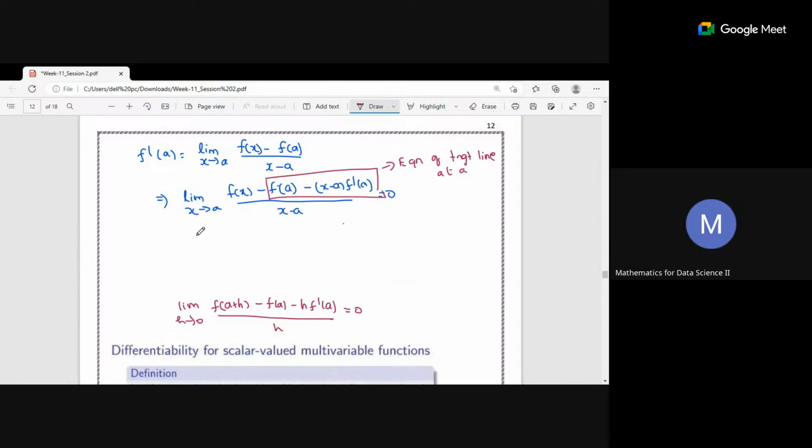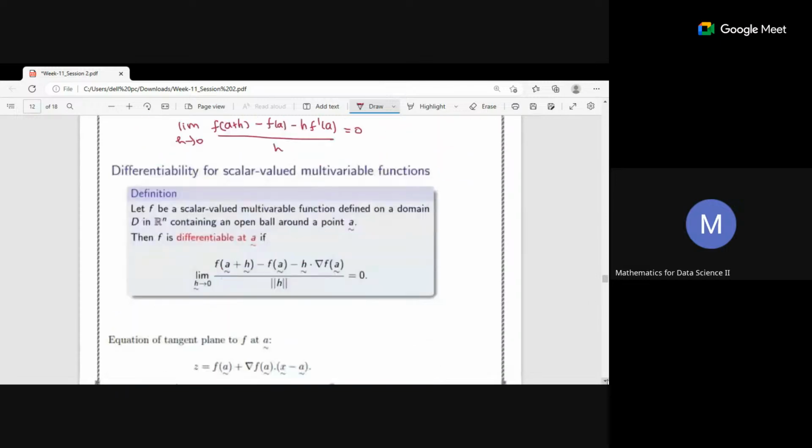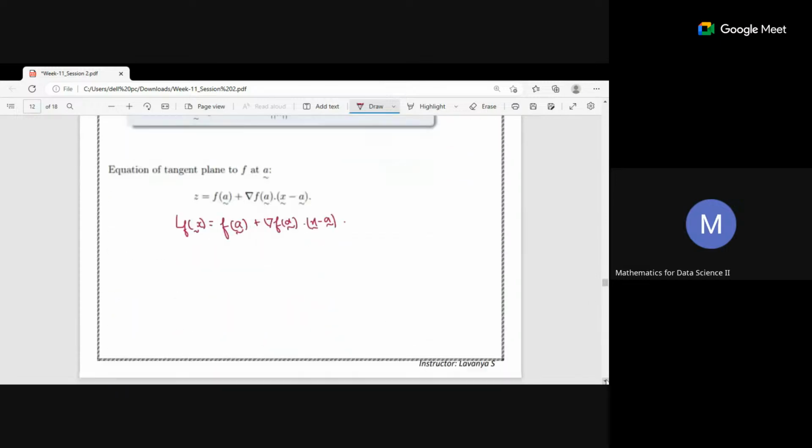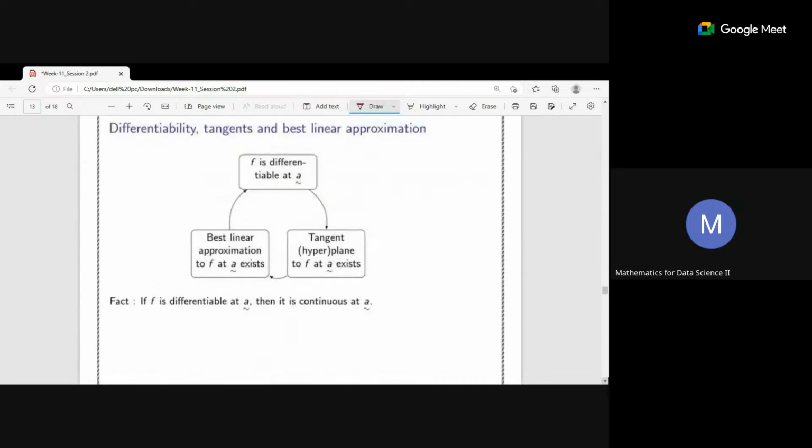So you can write it as the limit as x goes to a of (f(x) - L(x)) / (x - a) is 0. So the same kind of relationship we can also obtain in the case of multivariable functions. That f is differentiable at a is the same as saying that the tangent plane exists, is the same as saying the best linear approximation of f at a exists.